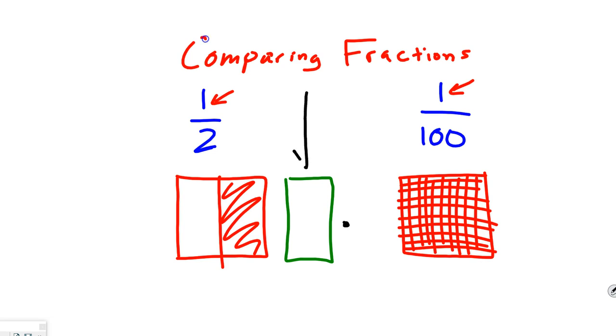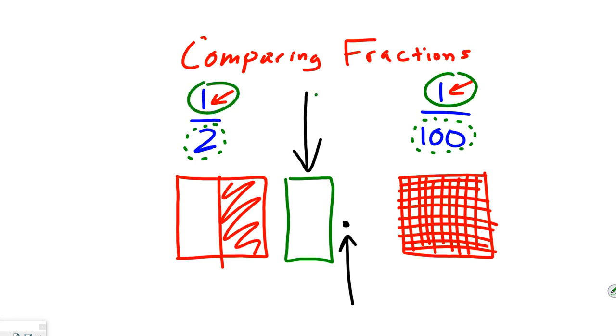Here's that 1 slice I ate of the pizza cut into 2. Here's the 1 slice I ate of the pizza cut into 100 slices. My rule stays the same. The smaller the denominator, the bigger the piece. The bigger the denominator, the smaller the piece. So if I ate 1 of each pizza, I obviously ate more here with 1/2 of a pizza because those slices were much bigger.